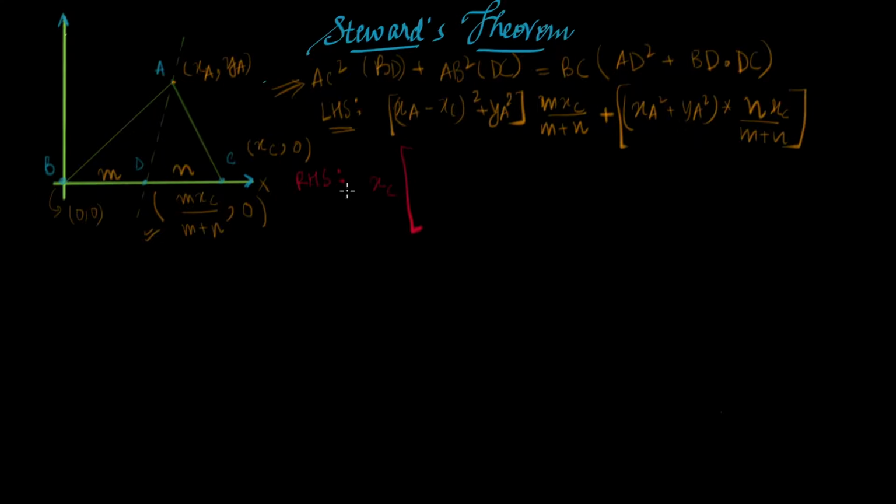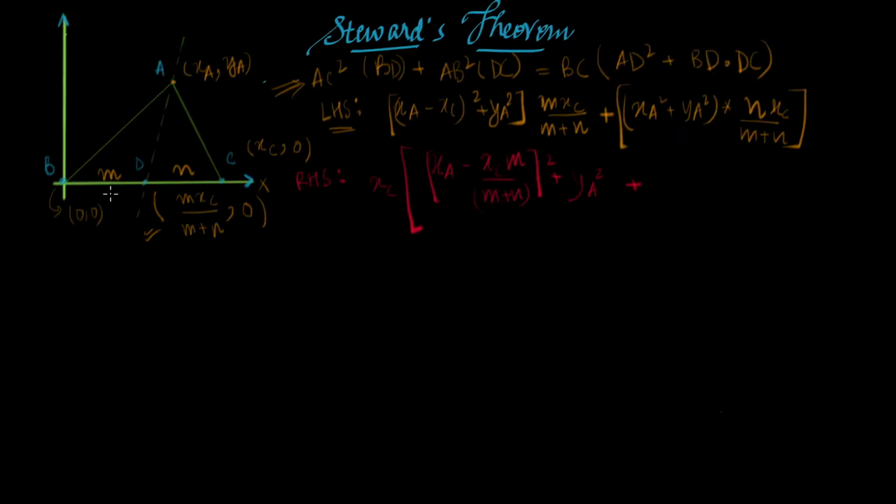Now AD square can be calculated because we know the coordinates of points A and D, so that's x sub A minus x sub C times m by m plus n whole square plus y sub A minus 0 square, plus, now, BD times DC.